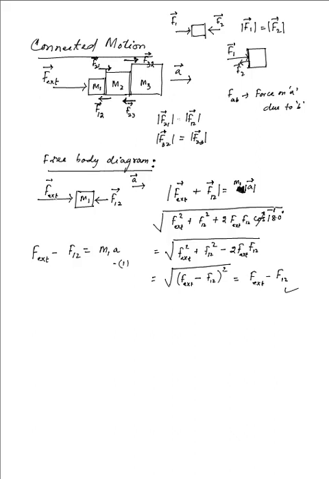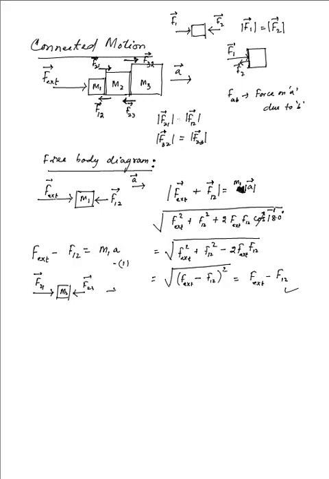Now consider the case of the second body, that is the mass m2. Now m2 again is experiencing two forces. m2 over here is experiencing an action from the first body m1 and a reaction from the third body.